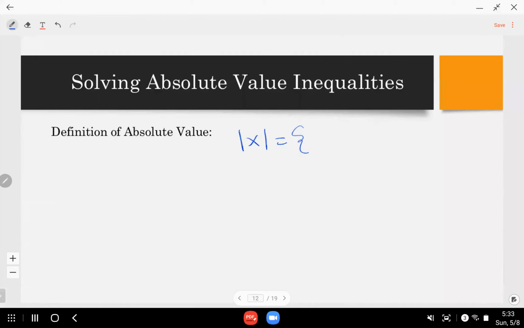Does anybody recall the algebraic definition? What is the absolute value of x when x is less than 0? It's going to be negative x. The absolute value of x is equal to x when x is greater than 0. We're going to use this to solve. So you have 4 cases. Who can tell me what case 1 is?